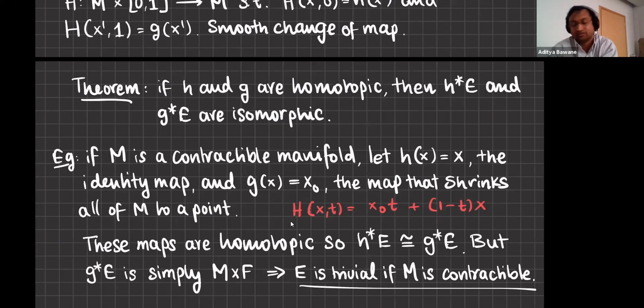But Aditya, what you said earlier, if instead of writing it as x0 and x, you just write it as h times 1 minus t and g times t, then it's adding functions, and the domain is the same. I'm not adding points, I'm adding two functions. If I write it that way, then it makes sense, right? No, it still won't make sense. What do you mean by adding functions f and g?